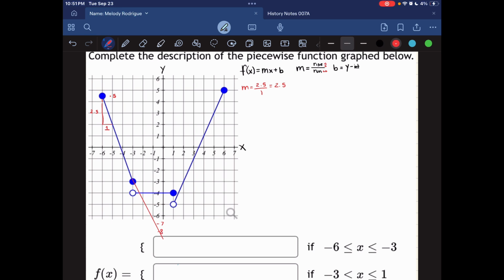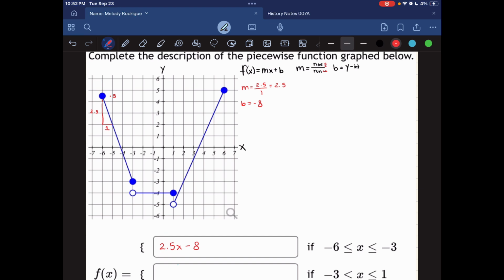And we're just hoping that it does. So b is going to be -8. And then now we're going to put this in the mx plus b format. So for our first equation, it's going to be 2.5x, don't forget the x part, -8. So that is our answer for the first equation.